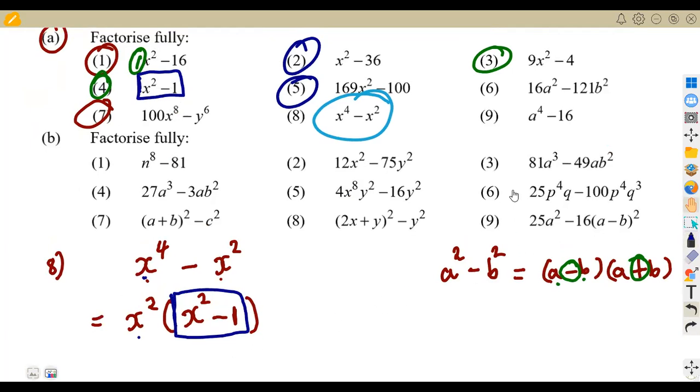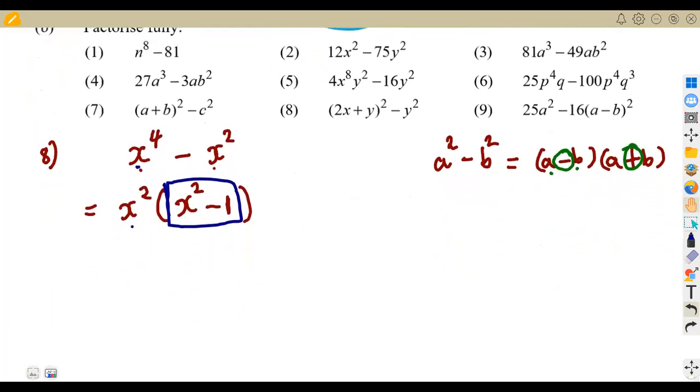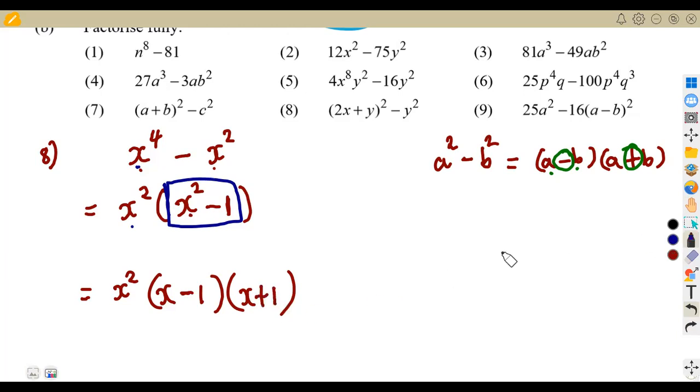So meaning to say, if we are to factorize this, we are going to have two brackets from our difference of two squares. The square root of x squared, which we said is x, and the square root of 1, we said it's 1. So we're going to have negative 1 plus 1 at the end. So this is now fully factorized.